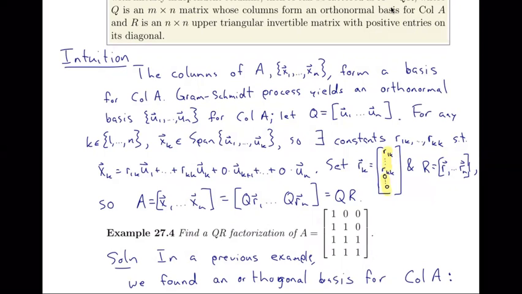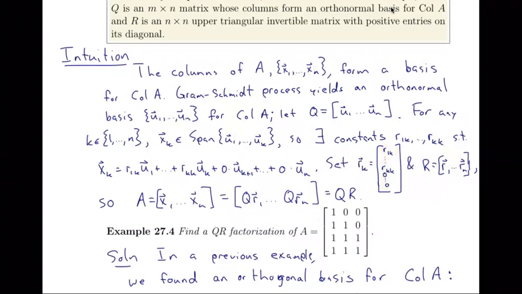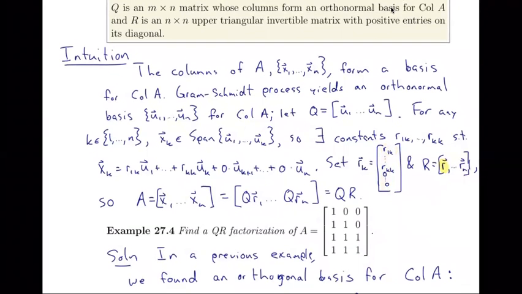Now, as we go from r1, which has one non-zero and zeros, to r2k, which has two non-zeros and zeros, if we stack up those columns, those r's, as the columns of a matrix capital R, then we're going to form an upper triangular matrix, because each column has zeros underneath its last non-zero entry, all the way to the nth column, which has non-zeros all the way down.